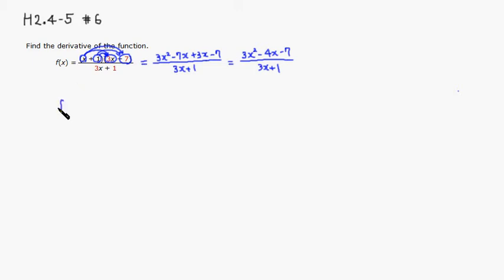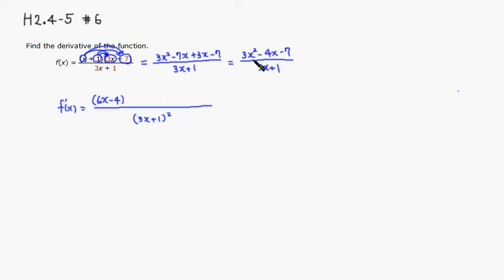So f prime of x is equal to, square the bottom. So we have the quantity 3x plus 1 squared. Derivative of the top is 6x minus 4. Derivative of negative 7 is 0, so I'm not going to write anything down there.